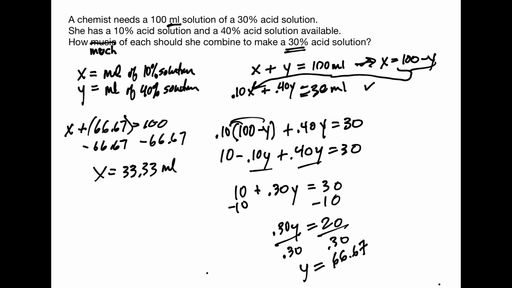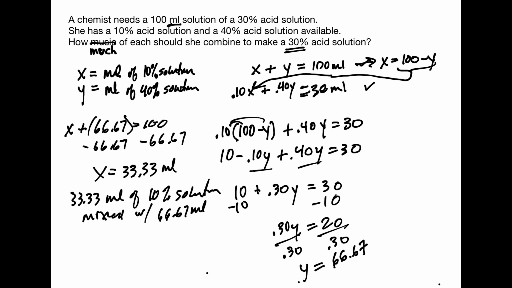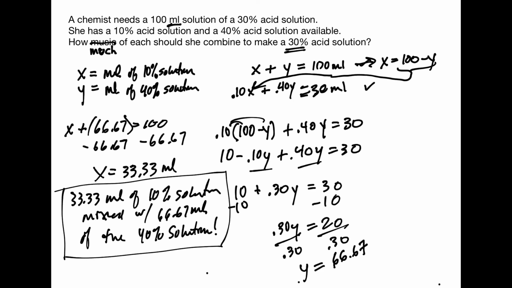All right, so we need 33.33 milliliters of the 10% solution mixed with 66.67 milliliters of the 40% solution. And there we have it, a mixture problem.